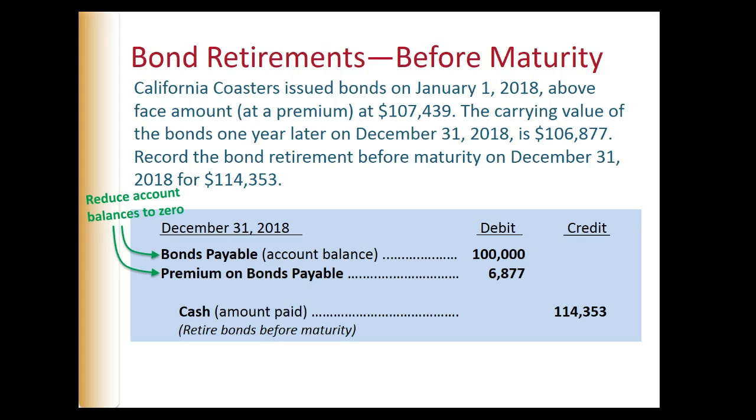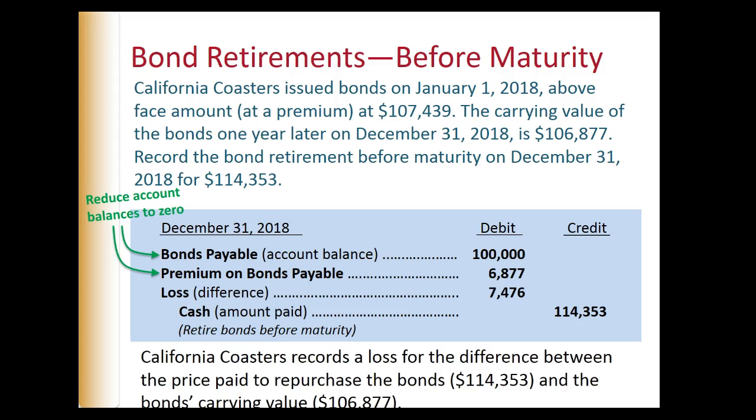When interest rates go down, bond prices go up. If the market rate drops to 5%, it will now cost $114,353 to retire the bonds on December 31st, 2018.